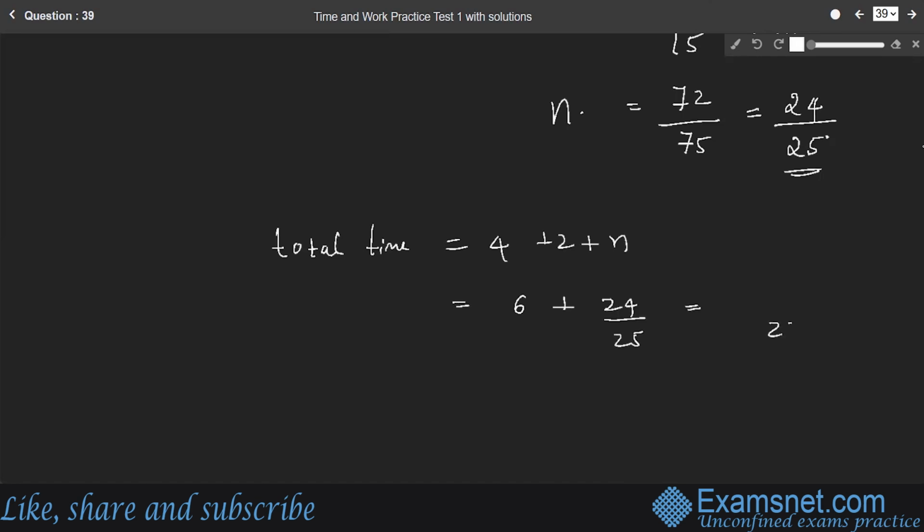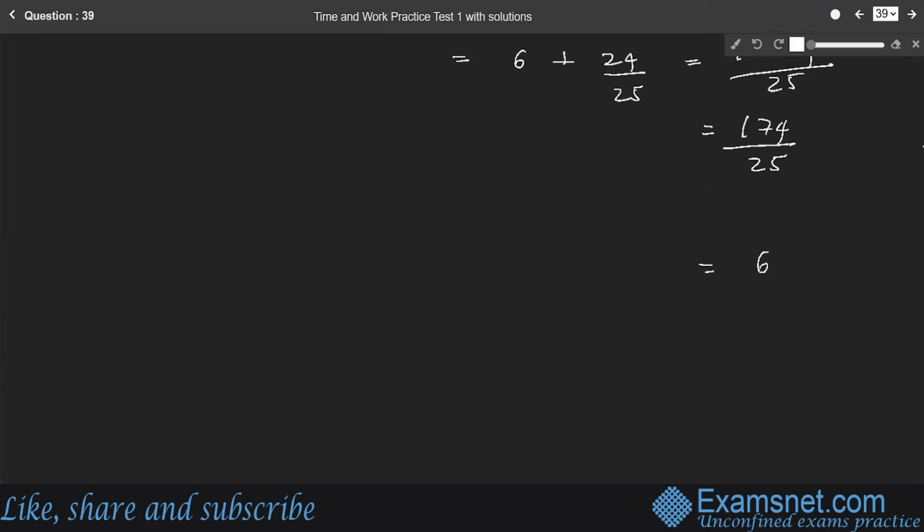Since LCM is 25, we have 25 into 6, which is 150, plus 24, right? Which is 174 by 25. So 25 into 6 is 150, so the remainder is 24. So 6 integer 24 by 25 is the total number of days, right? So total time is 6 integer 24 by 25, right?